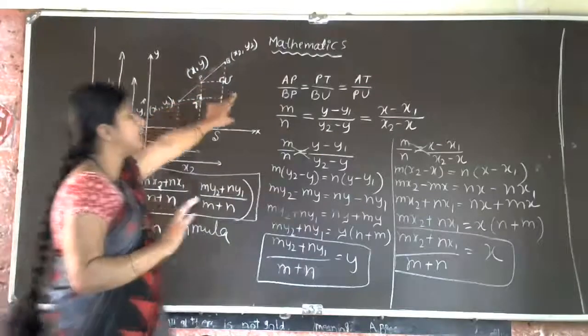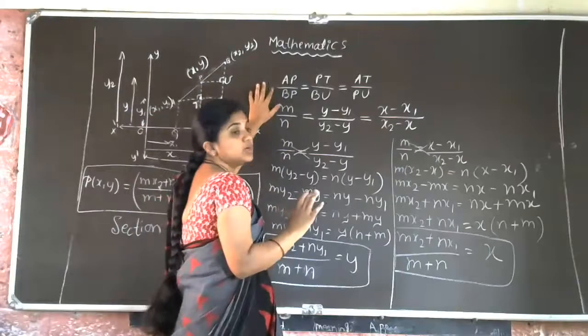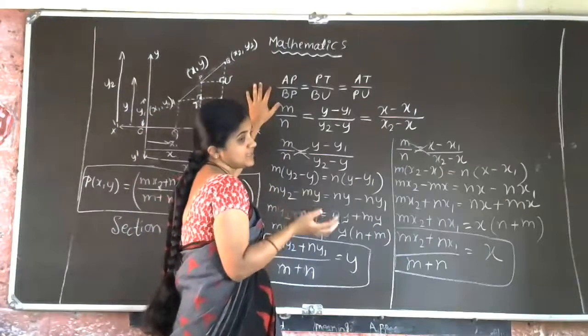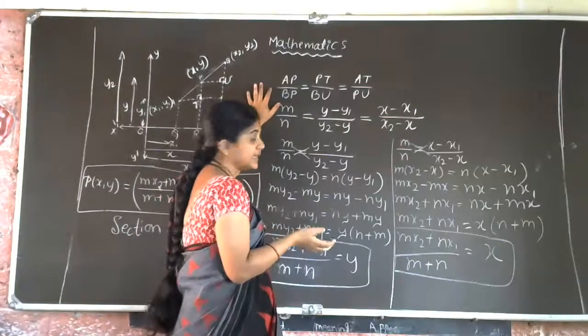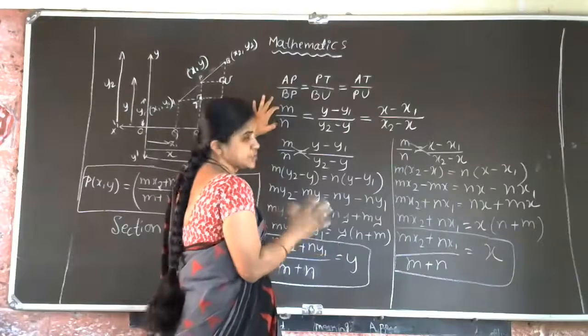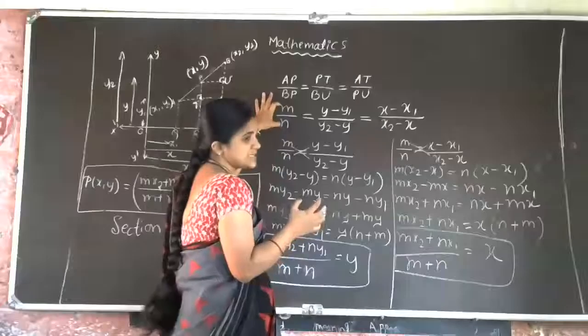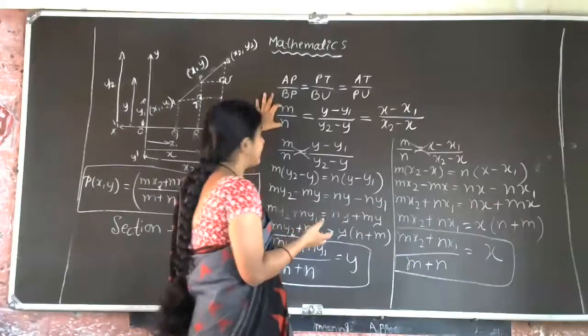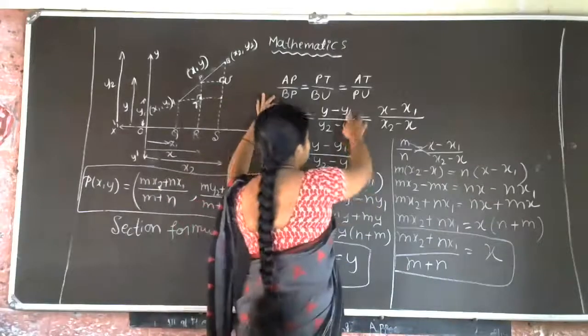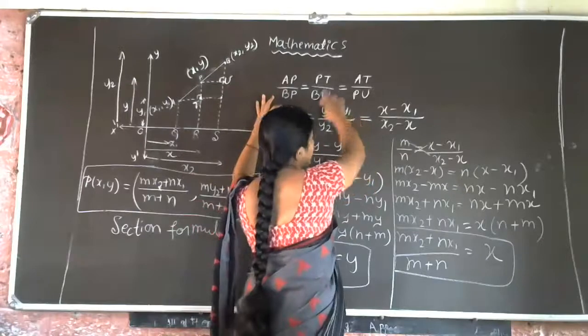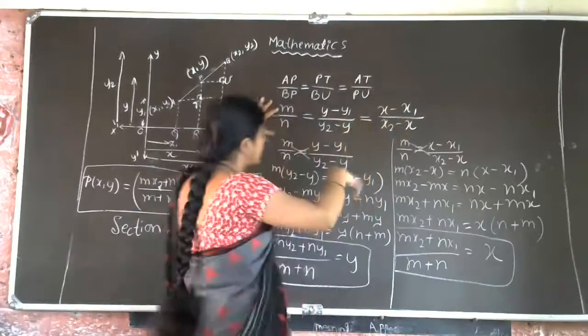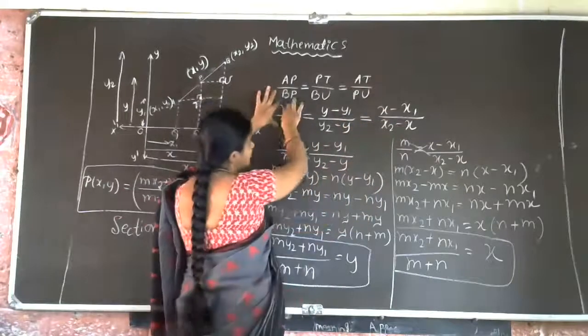Then directly we go to this one. The two triangles are similar, in the sense the corresponding sides are in proportion. Then just substitute the values. AP by BP we are taking as the ratio m by n. Then PT, just by looking at the diagram, you have to write these four values. Okay, so just equate this to this first.